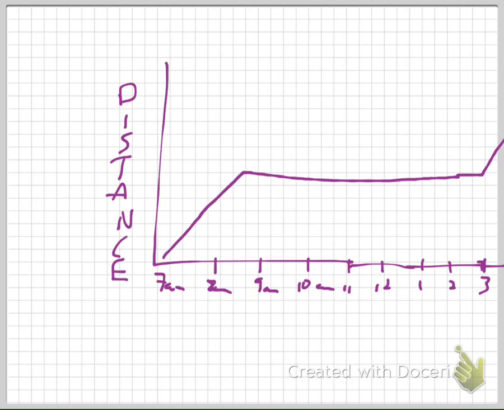You don't even need to know exactly how far the distance is, but you can see that from 7 o'clock until 8:30, what was she doing? She was riding her bike to school. At 8:30, she stops and doesn't start again until about 3, and then she starts to drive again. Does that make sense? You have to be able to look at these graphs and kind of figure out what is going on here. What do these things mean?